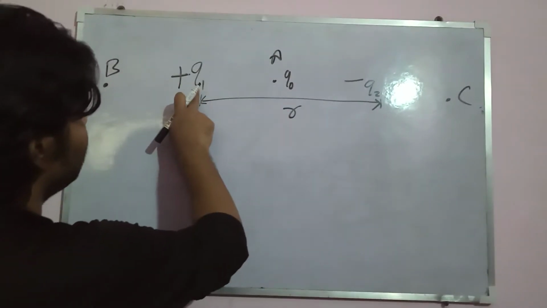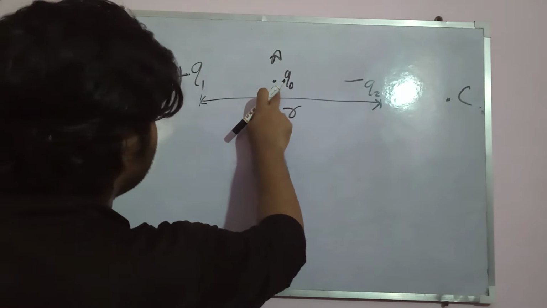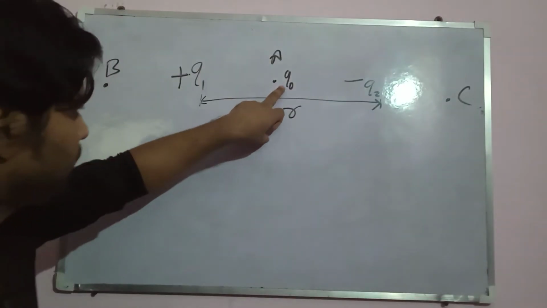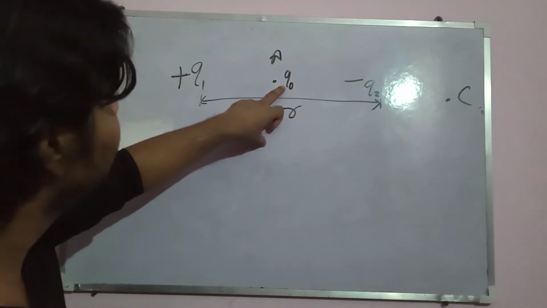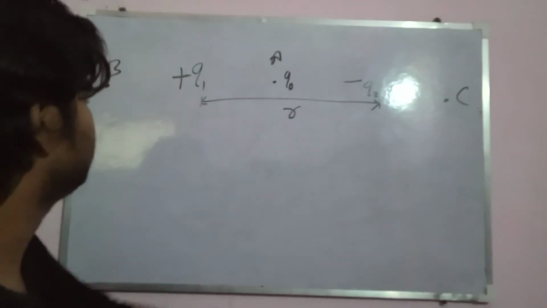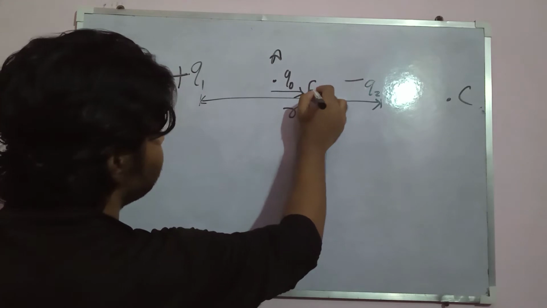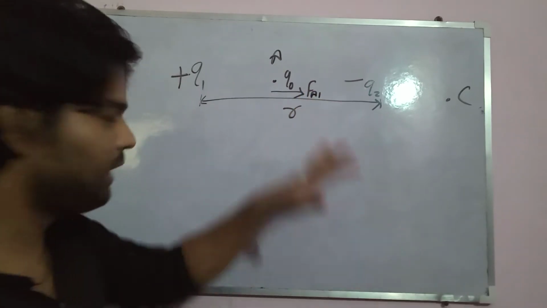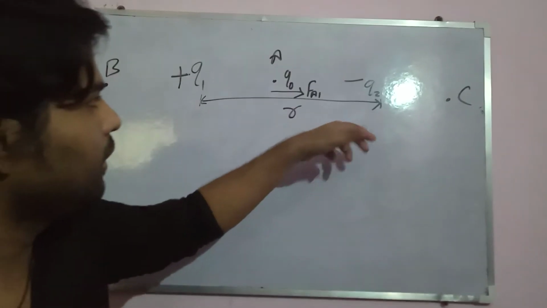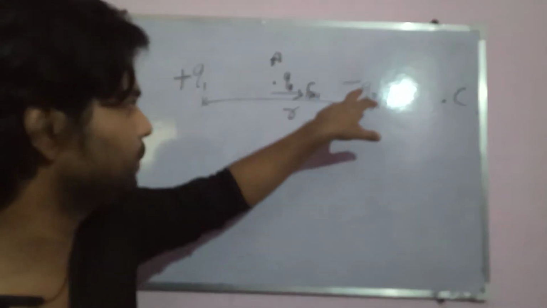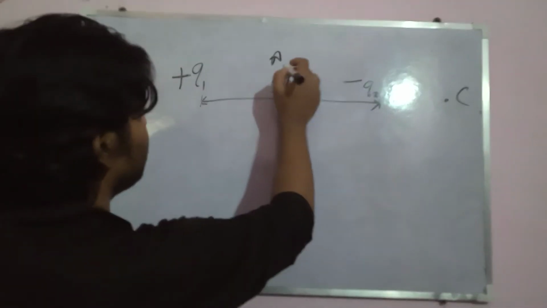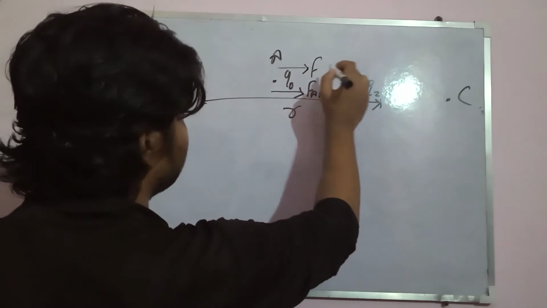What do we get? Q1 is positive, so on Q0 the force will be repulsive and in this direction, that is FA1. And at Q0, the force will be attractive by the Q2 charge because it is negative, so this force is also in this direction.